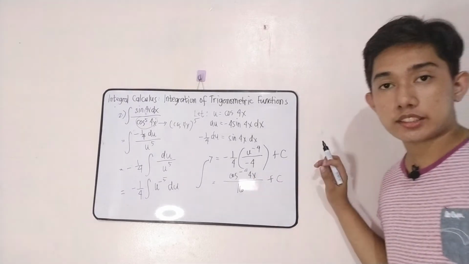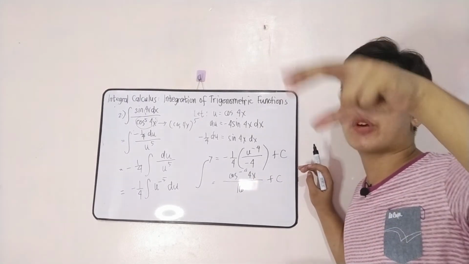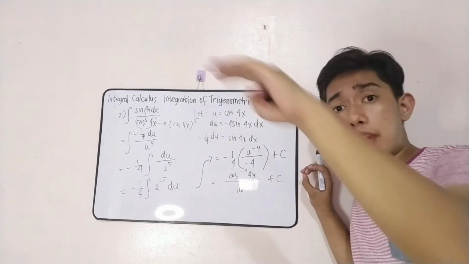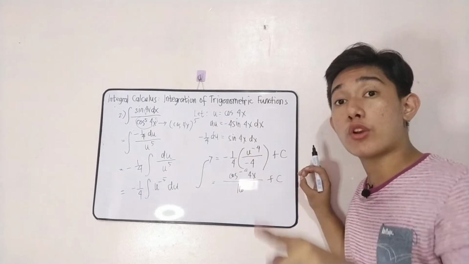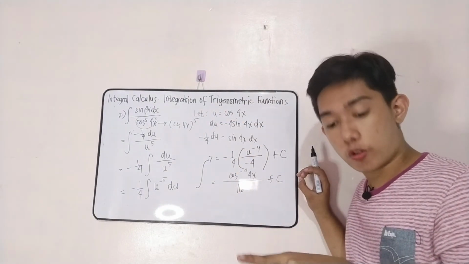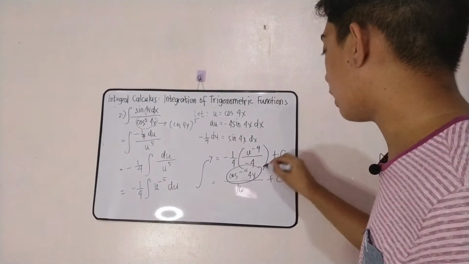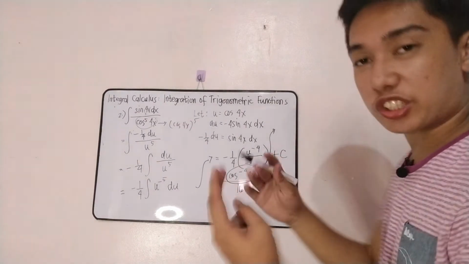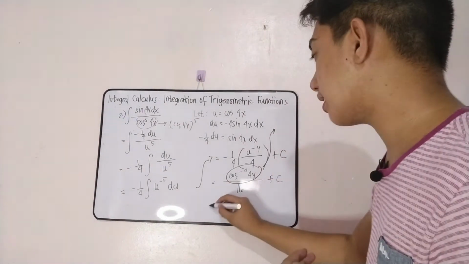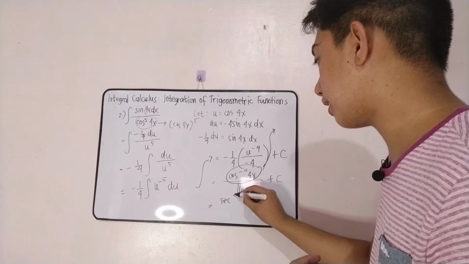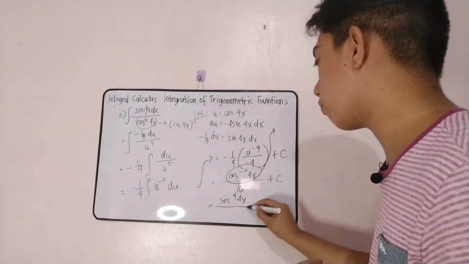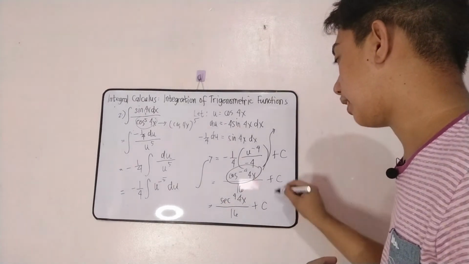And take note, kung itatransform natin siya into normal fraction, this becomes 1 over cosine raised to 4x. Pero mas madali siya kung itatransform natin ito into its reciprocal value, which is secant. Secant raised to 4x all over 16 plus c.